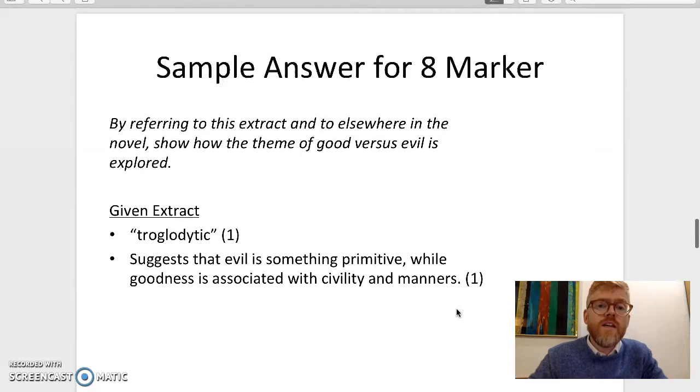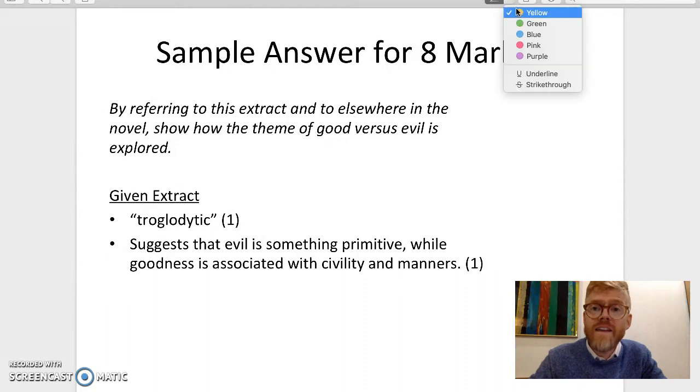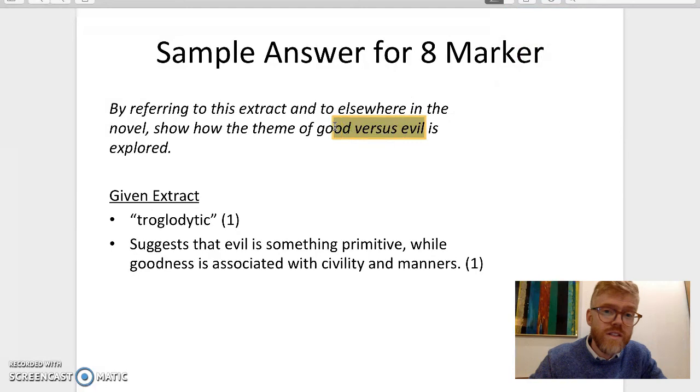Okay, so now looking ahead to the next 2 marks. So this is the given extract. Again, notice please that we are going to be wanting to use this key phrase, good versus evil. And we are wanting to put a nice heading to make it easy for our marker, given extract. Notice also that I'm bulleting my response.